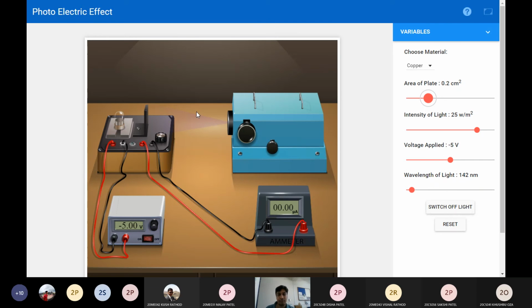But for verification, we apply this potential difference in the opposite direction to stop those electrons from going towards the anode. How will we know it is stopping? That is because of the zero current, and that voltage is known as the stopping voltage or stopping potential. This is how we can perform this photoelectric effect experiment.